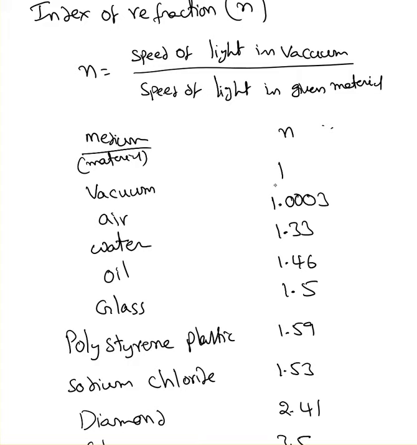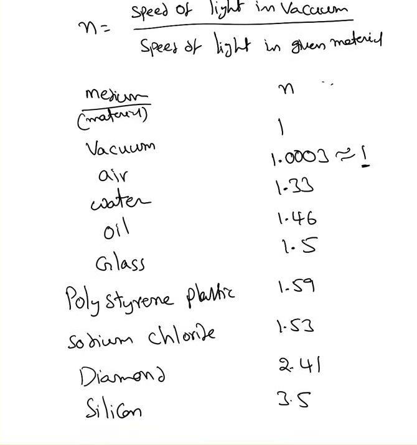For vacuum, it's always 1. Air is 1.003, but in this class we're going to take it as 1. Water is going to be 1.33, oil is 1.46, glass is 1.5, plastic 1.59, sodium chloride 1.53, diamond 2.41, silicon 3.5. It's a constant.